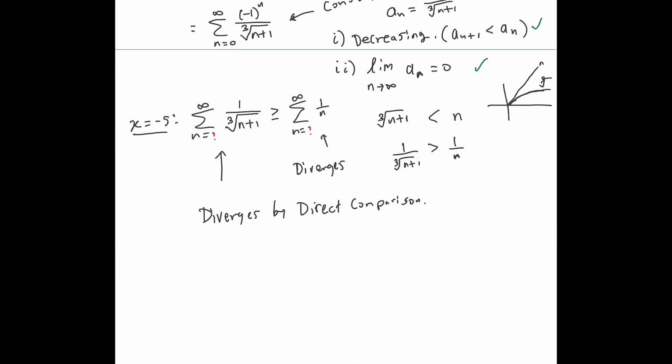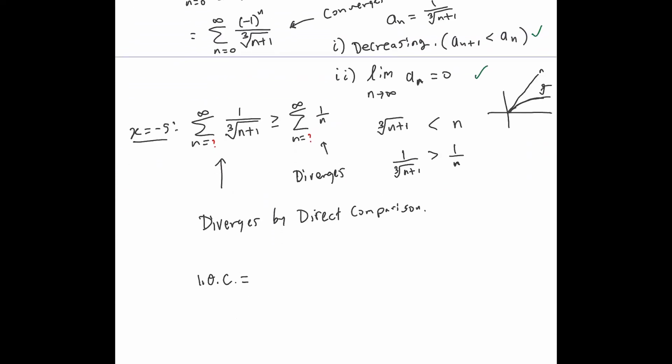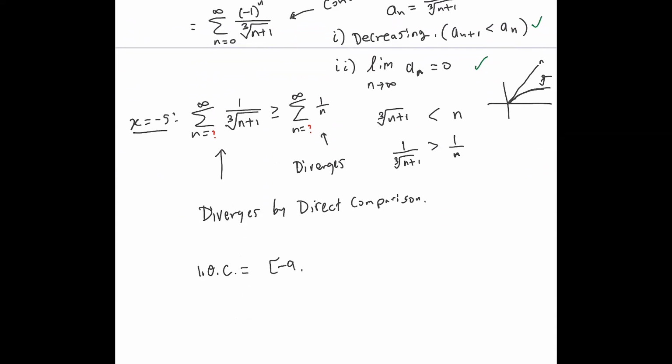So what is the interval of convergence then? So the interval of convergence, let's put IOC for interval of convergence. It will be everything from -9, and we do include -9, all the way to -5, but we do not include -5 like that.